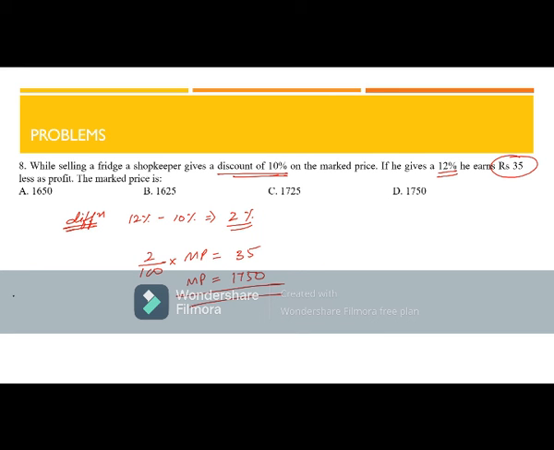So market price equal to 1750. Option D is correct. In such kind of problems, the difference in the percentage is directly proportional to the difference in the price. So we get the answer as market price equal to 1750.